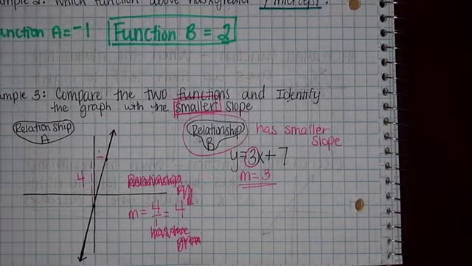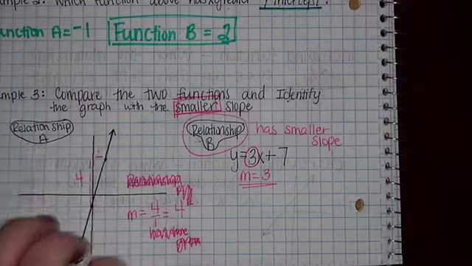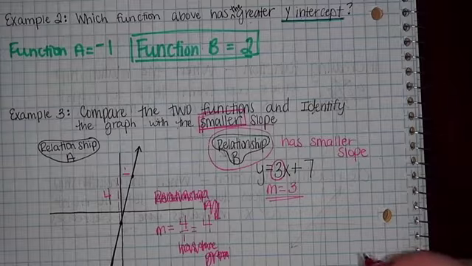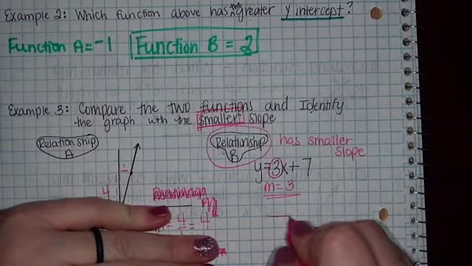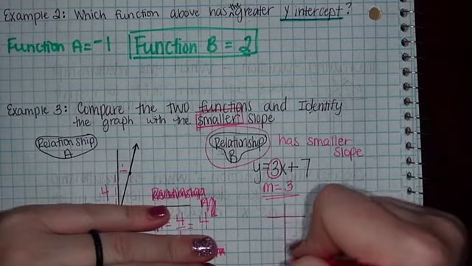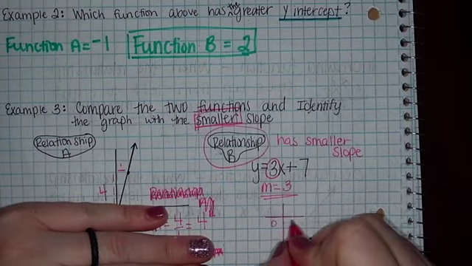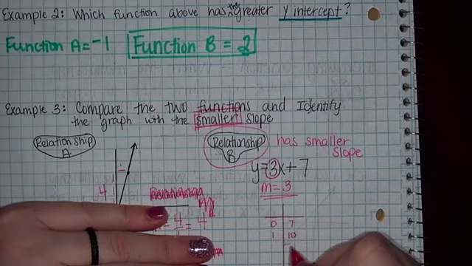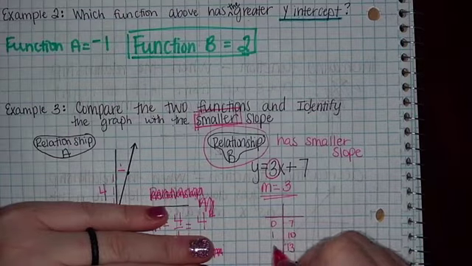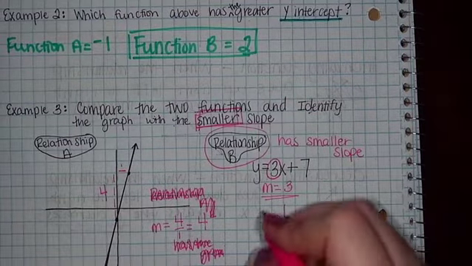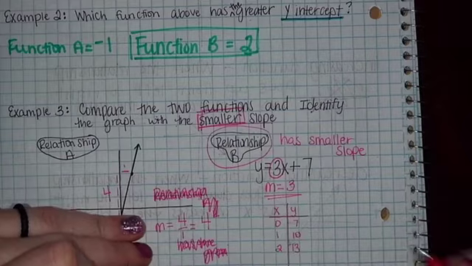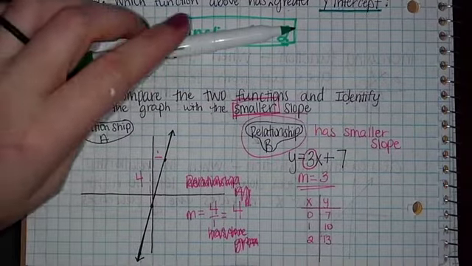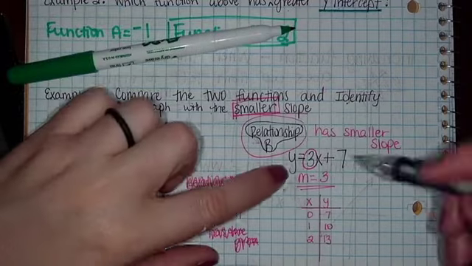Something I do want to talk about is sometimes you're going to be given one that has a table. So if this one had a table and it said 0, 7, 1, 10, 13, you might also have to find your slope from the table and not have the equation.